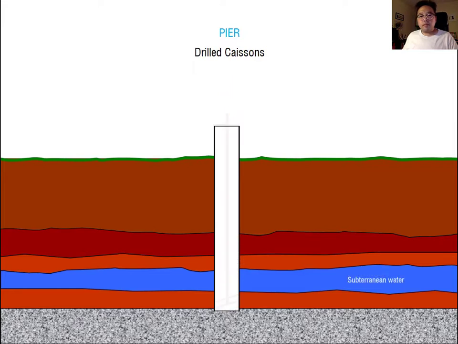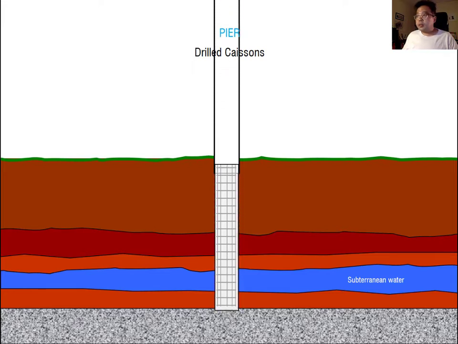Then add rebar into the hole and pour the concrete, and remove the guide wall and close with a caisson cap to protect the drilled caisson.